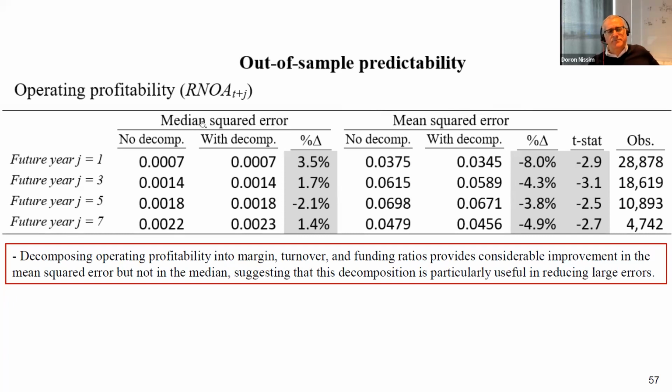So this is where more sophisticated approaches than simple linear regressions may help, maybe making it more contextual. But even in a simple linear model, you get much improvement in the extreme errors.